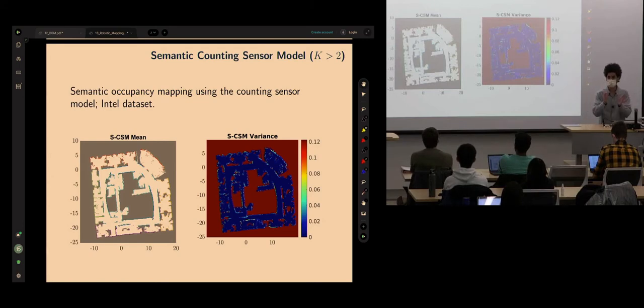So by the way, you have k categories plus 1, right? That's the free space. So the other k categories are occupied points that we see, and they have different colors. So the counting model will somewhat help with the averaging, because if you have contradicting labels, we're just going to accumulate, and based on the frequency of observation, it will get the probability of the category that is occurring the most.